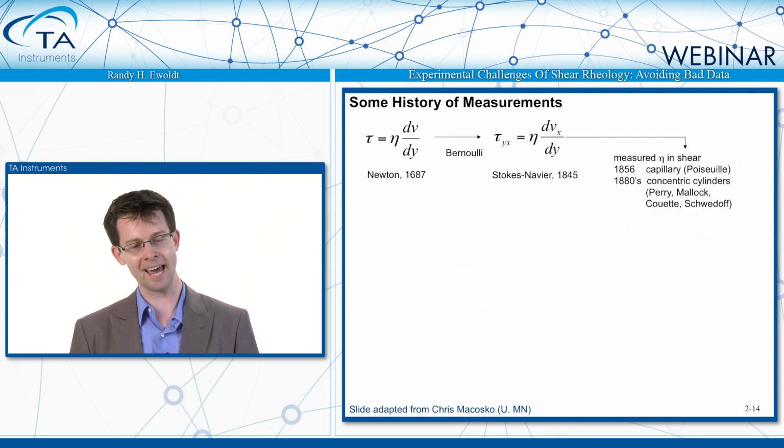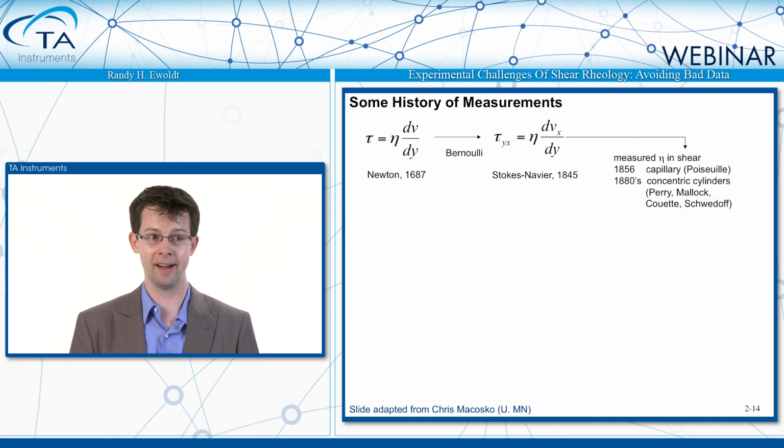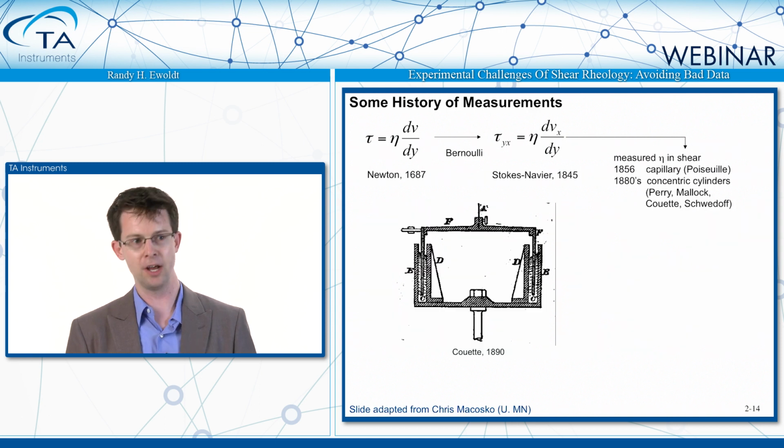Before I get into that, I also want to acknowledge that these measurements have been happening for over 100 years. And if you look back in the literature, it was Isaac Newton who first decided to define the concept of a viscosity, of stresses being proportional to rates of separations, embodied in the equation on the top left. That went on, and it was first measured, this property, in 1856 in capillary flow, in pressure-driven flow, and not too long after that, concentric cylinders started to be used.